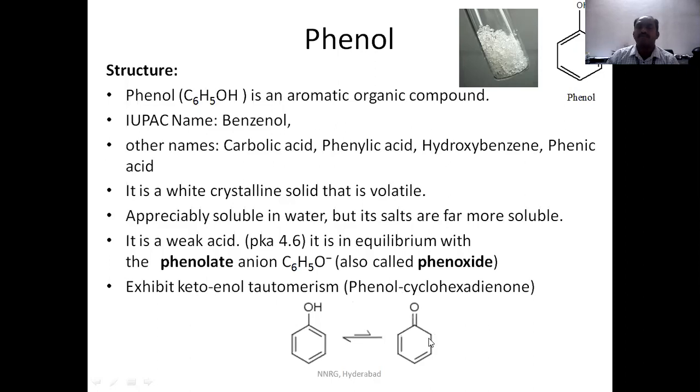So definitely the benzene ring wants to get back its aromaticity. So phenol will be more stable whenever it undergoes keto-enol tautomerism. So it forms phenol-cyclohexadienone tautomerism.